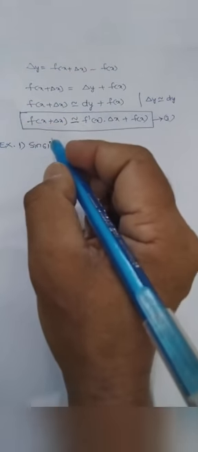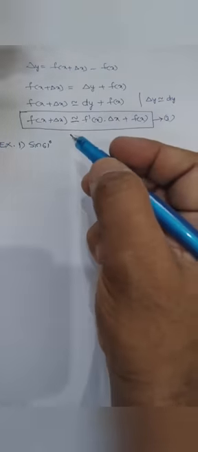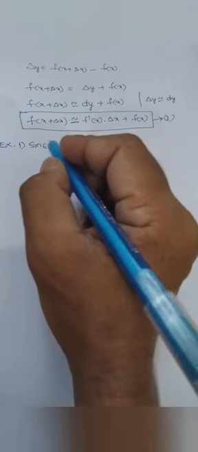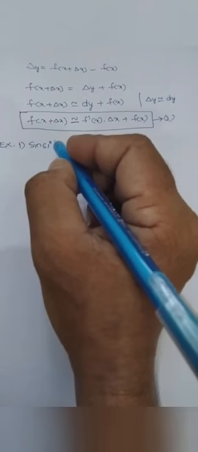For example, suppose we have sine 61 degrees. Example number 1 is sine 61 degrees. We know the value of sine 60 degrees. So how much is the error here? 1 degree is the error. It can be written as sine of 60 degrees plus 1 degree.